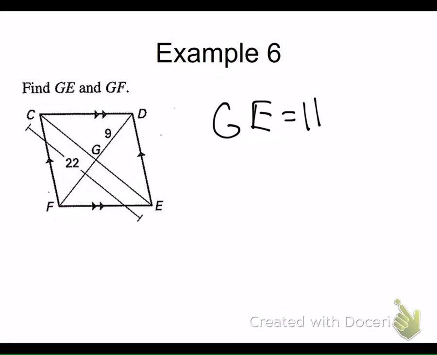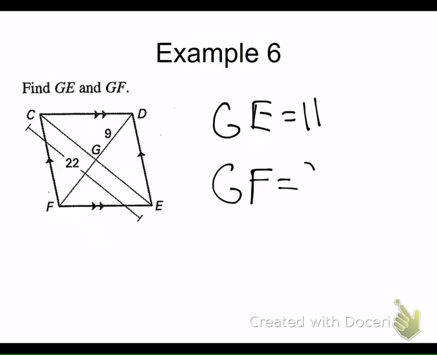Very good. And this other one, GF, is this guy. It would be 9. 9 just represents this half over here. So GF would be 9.